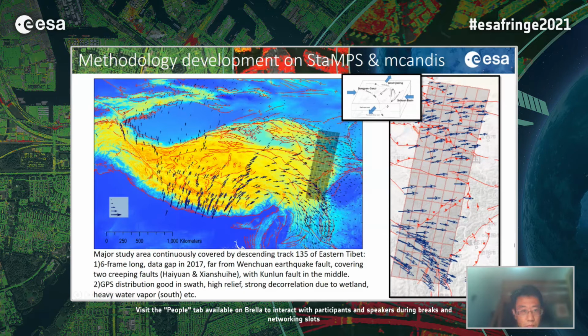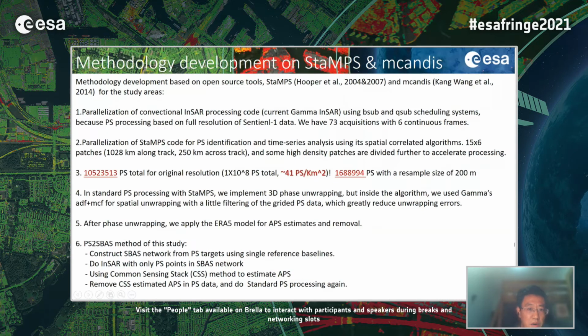This is the method we used, with many details given here. We can use the StaMPS steps of Hooper's code to do the ground deformation detection. We use 6 frames, which is 1,000 kilometers along track and 250 kilometers across track.